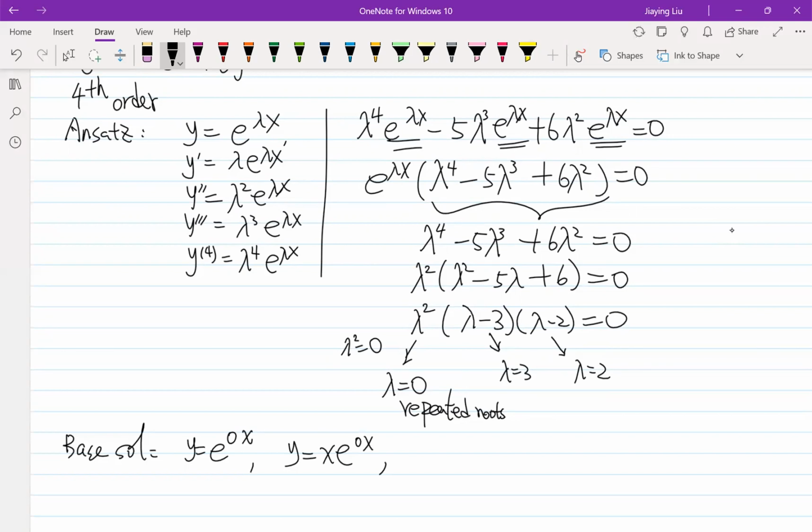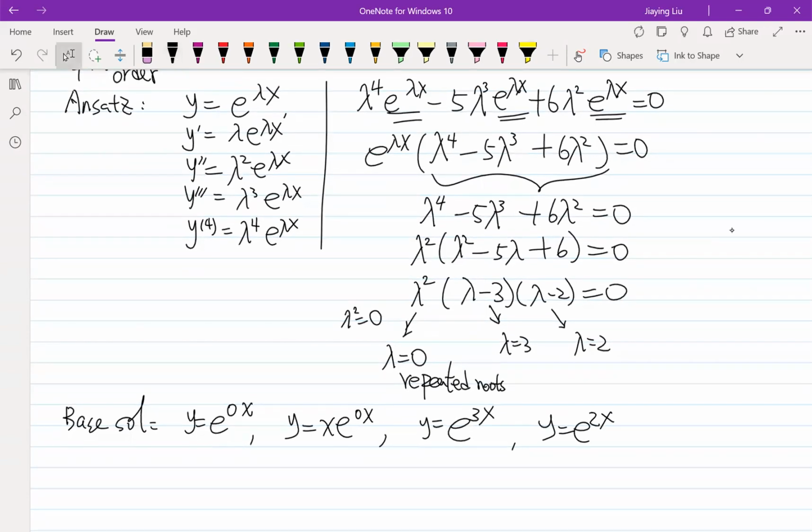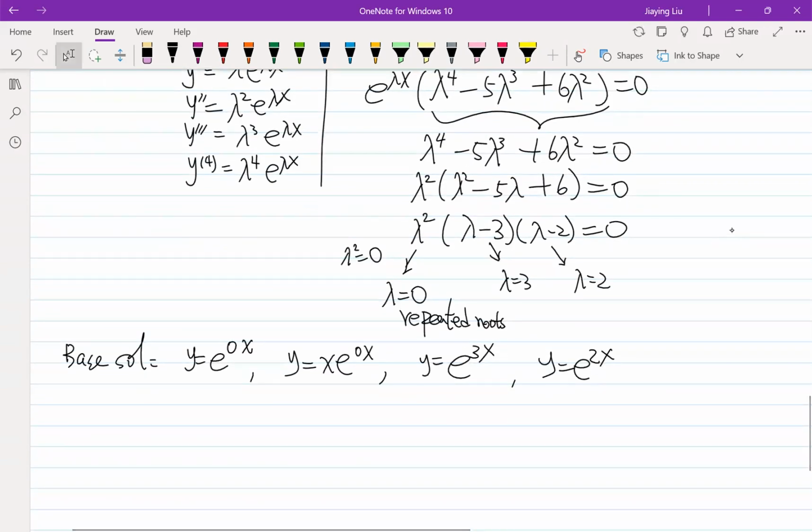And then the next one will be lambda equals 3. So that will be y equals e to the 3x. And then the last one will be y equals e to the 2x. Those are the 4 base solutions that are linearly independent. And you can simplify this one, it really just becomes 1, this one becomes x.